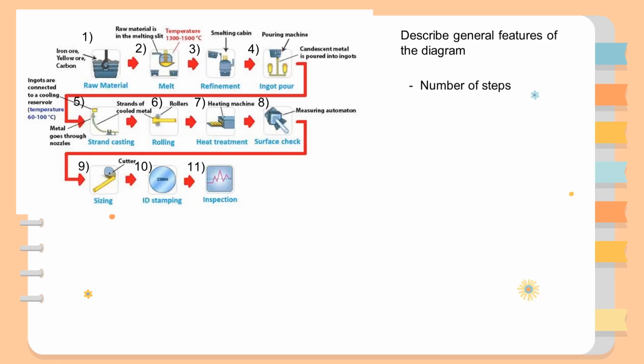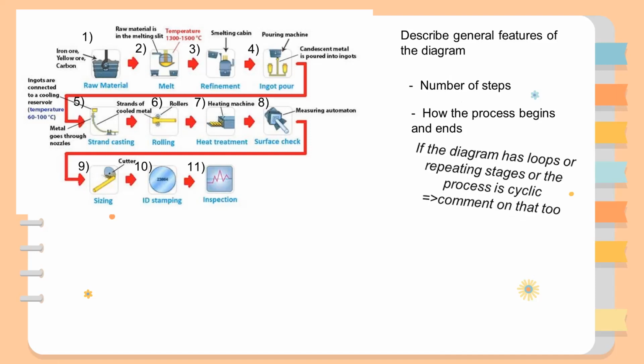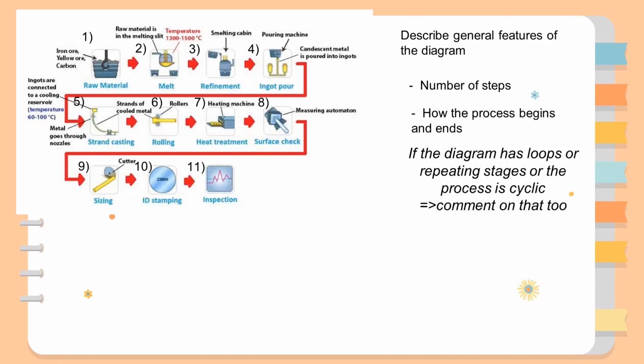Describe general features of the diagram. You have to ask yourself the number of steps, how the process begins and ends, and if the diagram has loops or repeating stages, or the process is cyclic. Just comment on that too. So it begins with the raw material and it ends with the inspection.